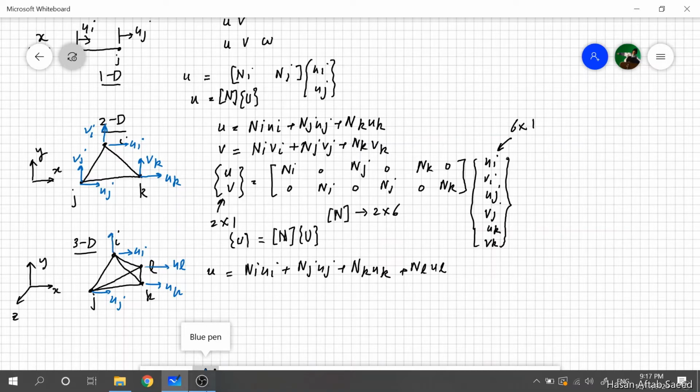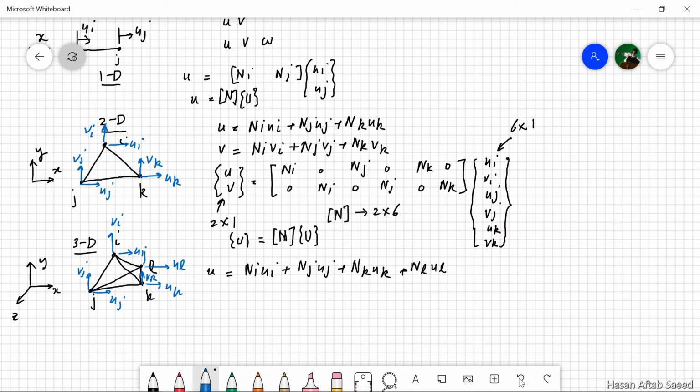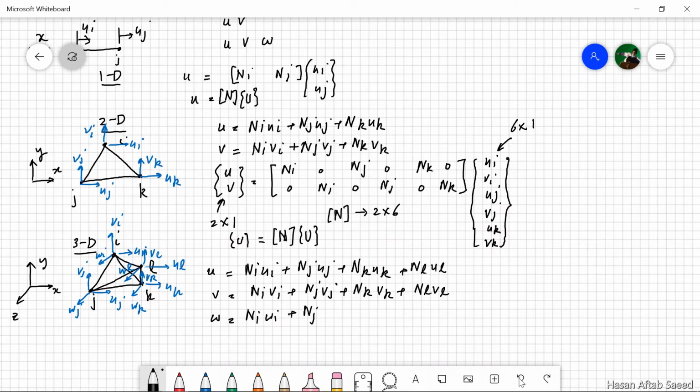Similarly, there will be vi, vj, vk, and vl, and also there will be wi, wj, wk, and wl, which means that we should also have the expression v equal to the same shape function, because it's the same element: ni vi plus nj vj plus nk vk plus nl vl, and similarly w is equal to ni wi plus nj wj plus nk wk plus nl wl.